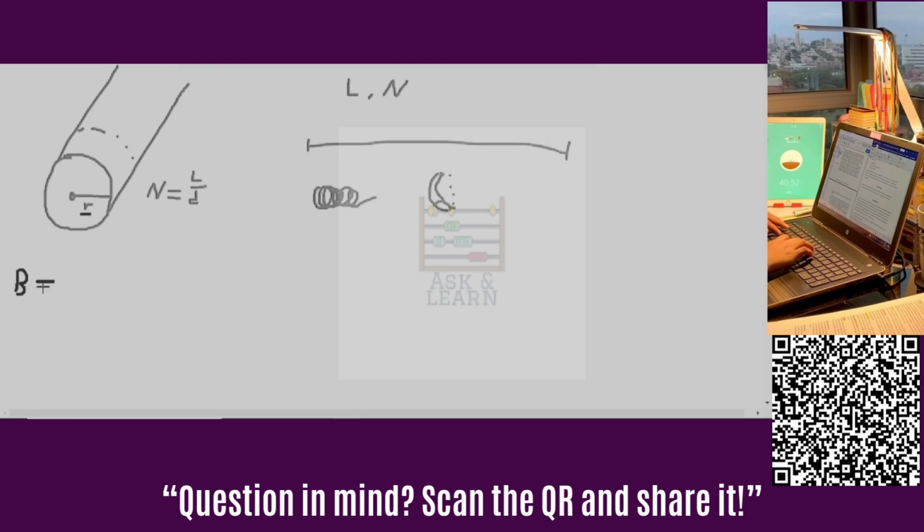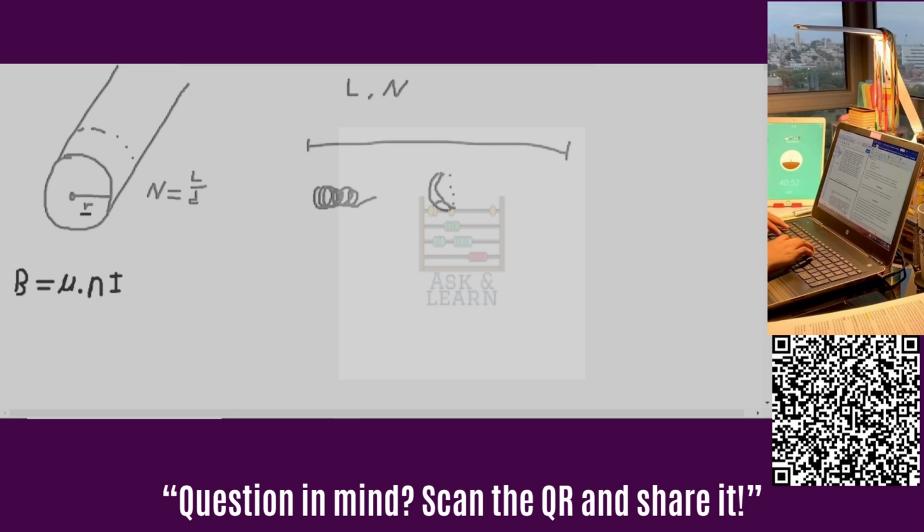The magnetic field from a solenoid is equal to the permeability of free space, mu naught, multiplied by the turns per unit length, lowercase n, times the current running through the wire.